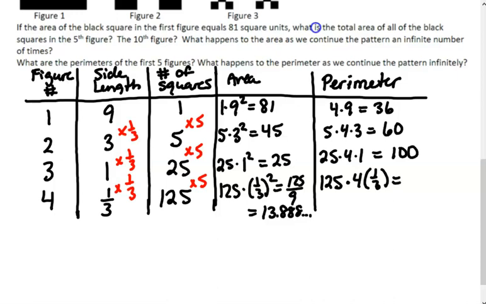So I would have 125 times 4, which is 500, divided by 3, which turns out to be 166.66. So notice what we have here is the area is decreasing and the perimeter is increasing.